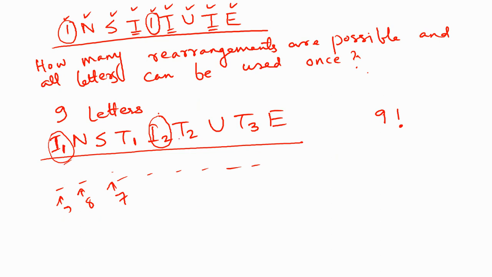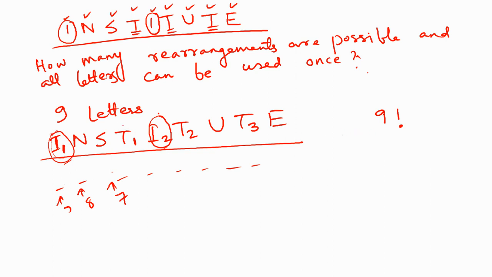Similarly, if I1 and I2 are there, there will be two factorial cases like that. For each arrangement, I1 and I2 will rearrange between them in two factorial ways.